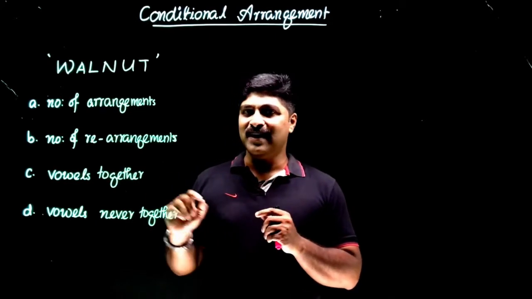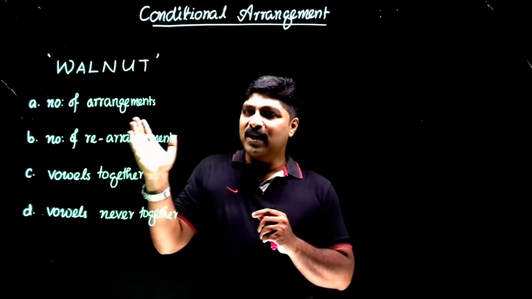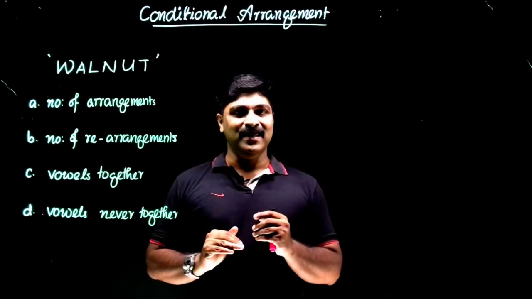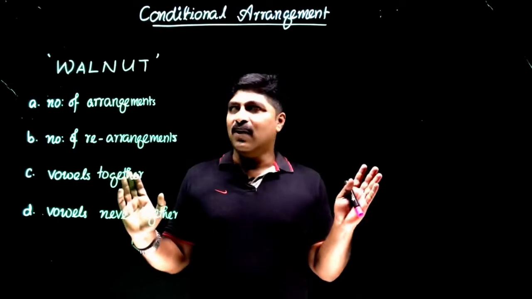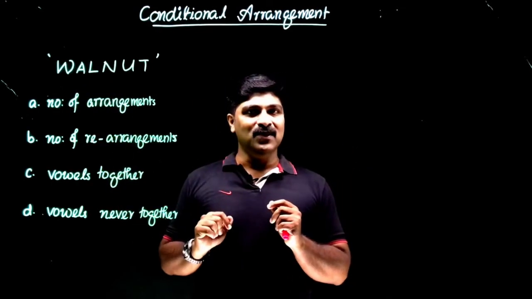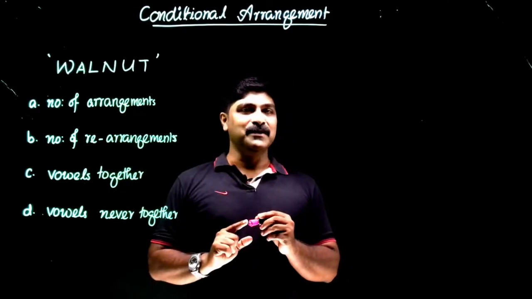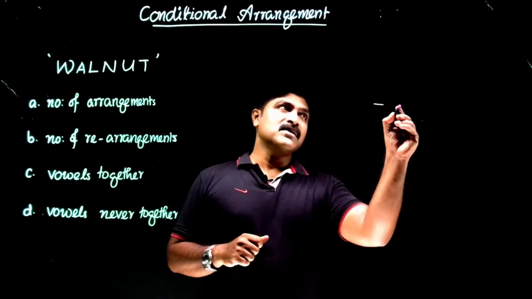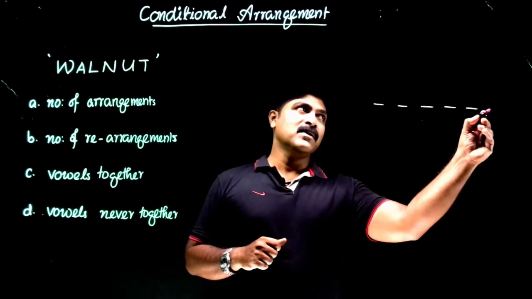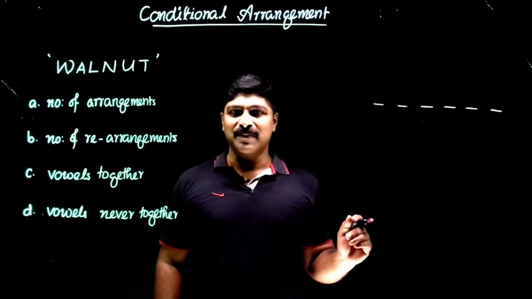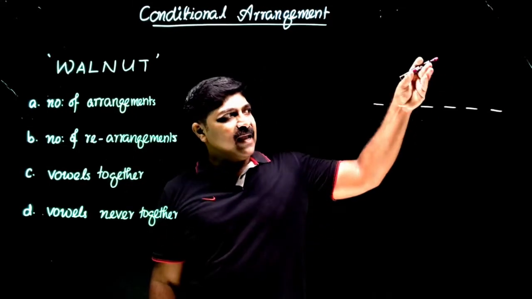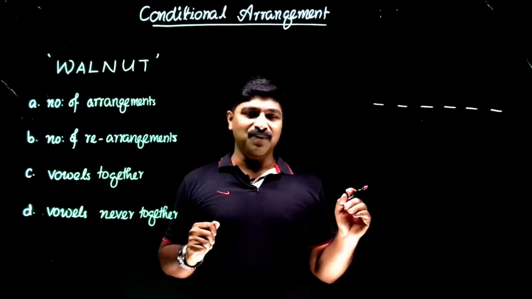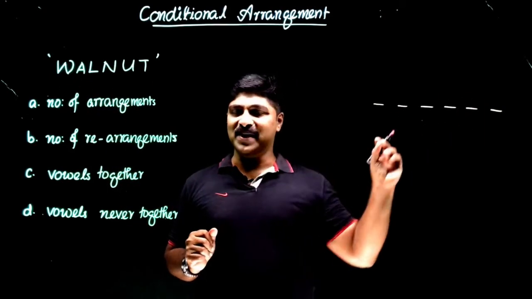First, we have to consider the general type of arrangement: how many different ways we can arrange the letters from the word WALNUT. Simply observe how many letters there are. There are 6 letters here. Suppose we are arranging them in 6 places, filling each place one by one. First, think about this particular place.